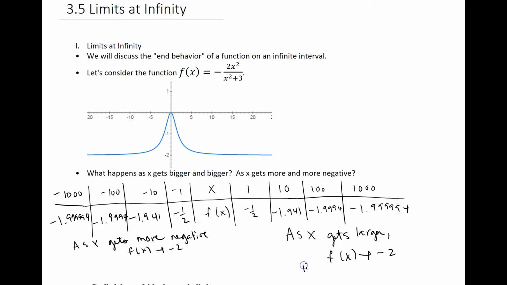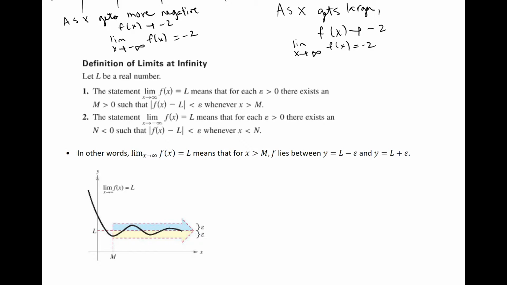So we would write this behavior as the limit as x approaches infinity of f of x equals negative 2. And on the left, we would say the limit as x approaches negative infinity of f of x equals negative 2.